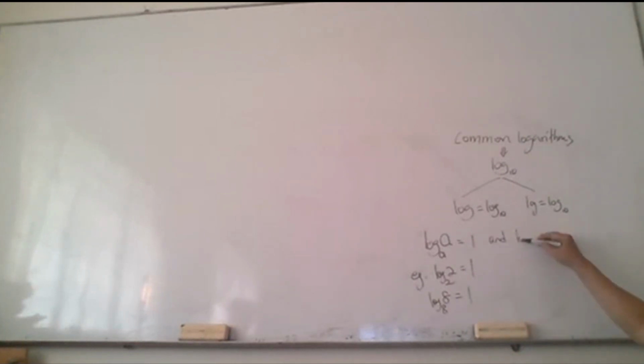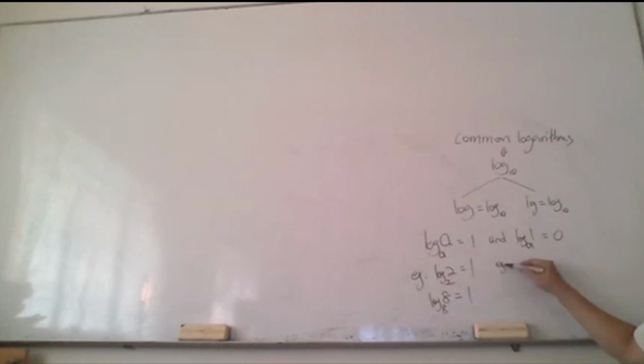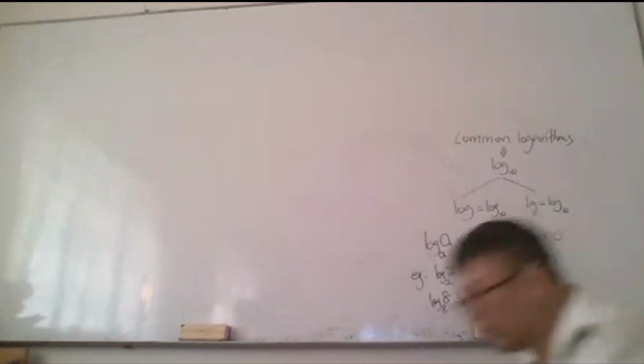And for logarithm of 1, if the number is 1, then your value will be definitely 0. For instance, log base 10 of 1 equal to 0. Log of 1 is equal to 0.